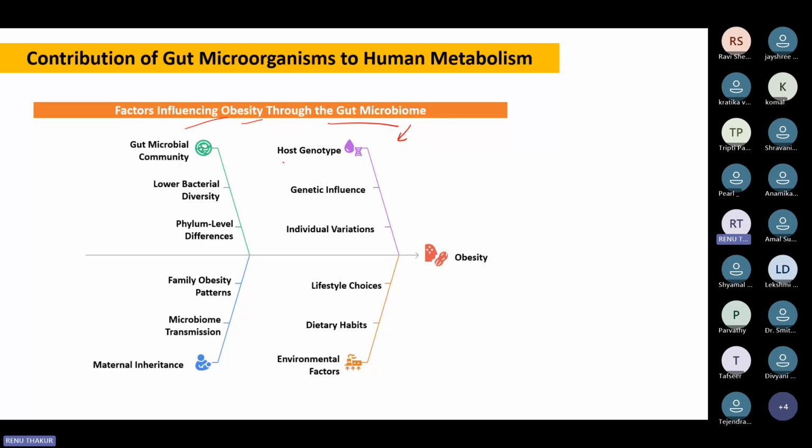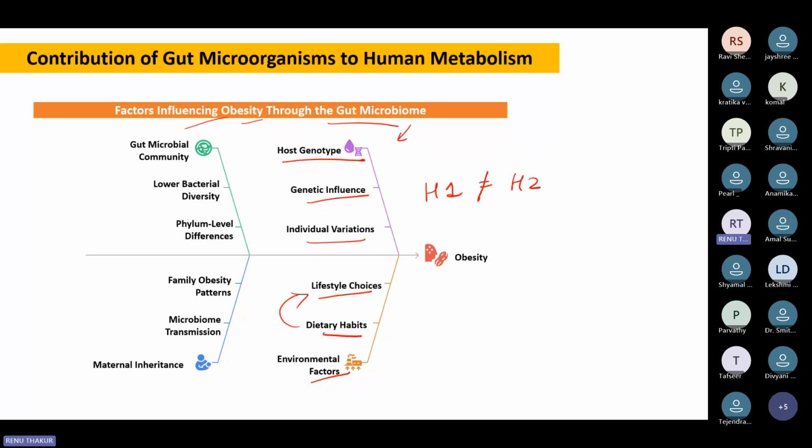And also one major factor is host genotype, and under the host genotype, genetic influence will be there, individual variation will be there, human 1 will be different from human 2, and the lifestyle choices, what we are feeding our body, in what condition we are living, and dietary habits. It is also a part of the lifestyle. Environmental factors like pollution, everything contributes to the different composition of the gut microbiome.